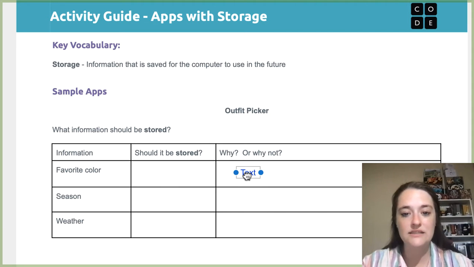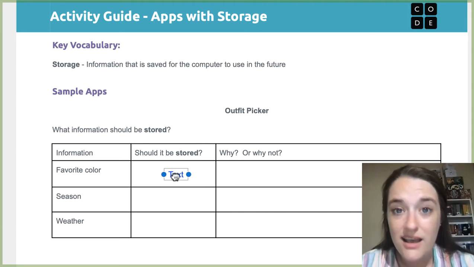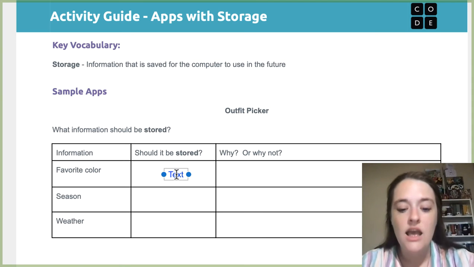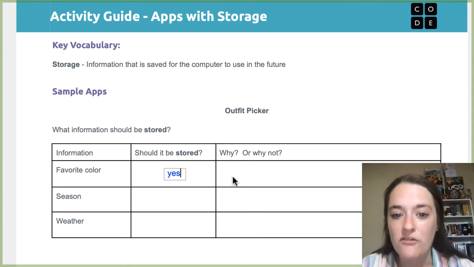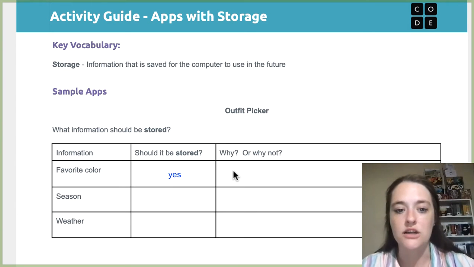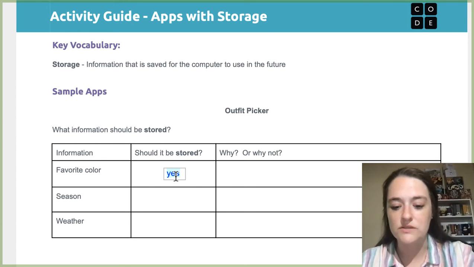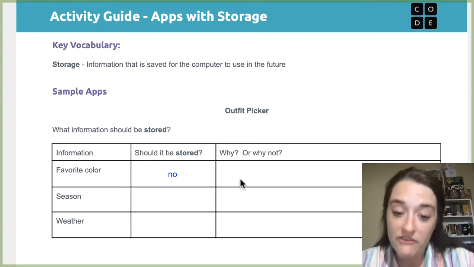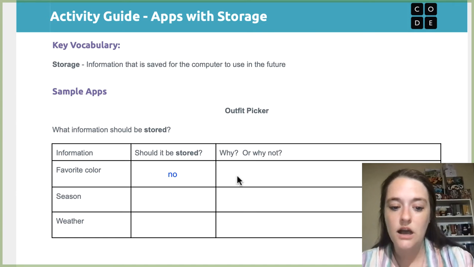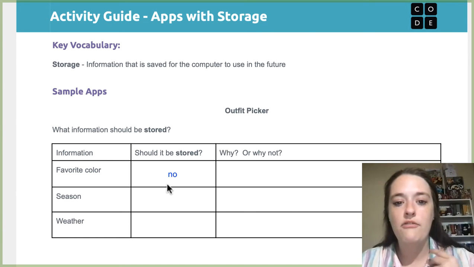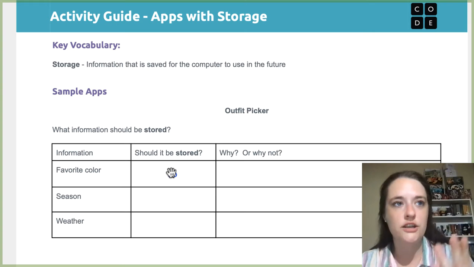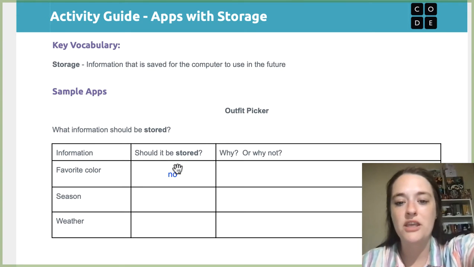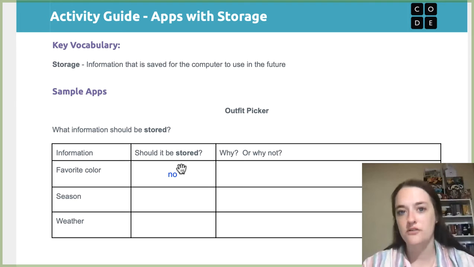All right, so if I made this app just for me, and I'm not planning on letting anybody else use it, yes, I'm going to store my favorite color. Why? Because this app is for me. If I do want other people to use it, if I'm going to put this in the App Store, I'm not going to store my favorite color, because other people might use it. Maybe in the app I could give people the option to store their favorite color.